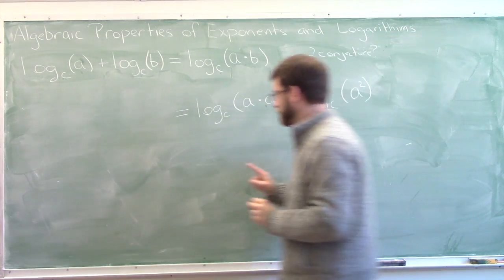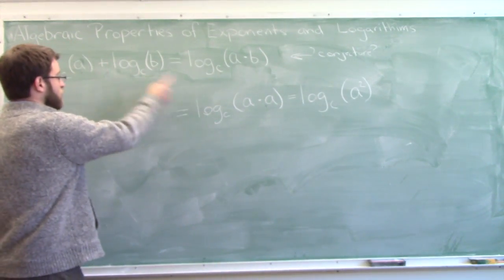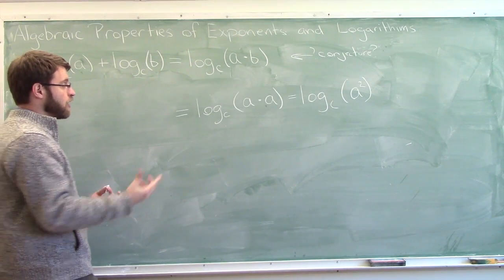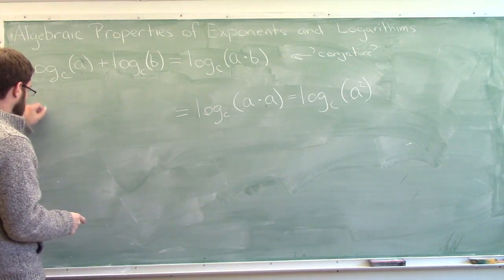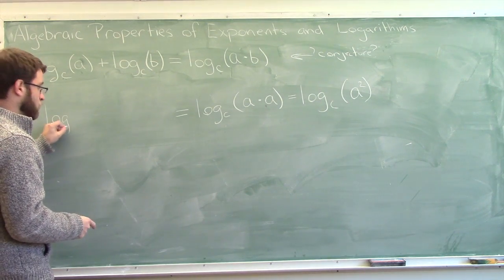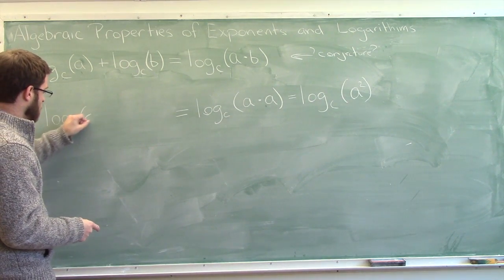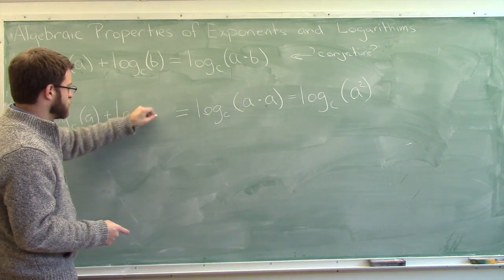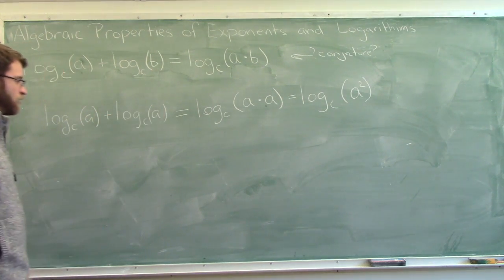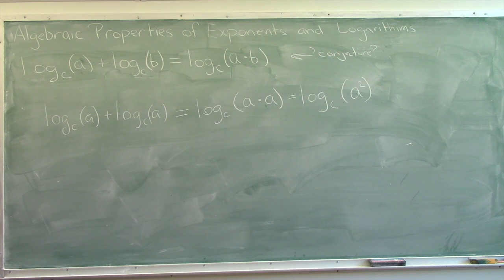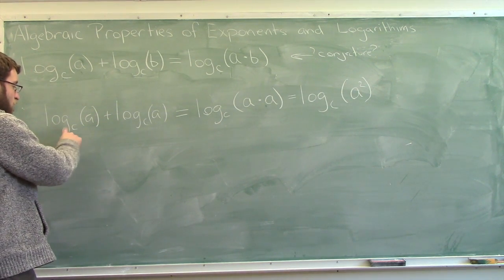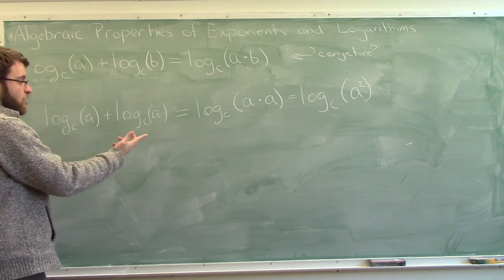Okay? But if I use this property of logarithms that we just proved, then I can split this up, and I can write this as log base c of a plus log base c of a. Okay? And that might not look that great until we notice that log base c of a is the same as log base c of a.